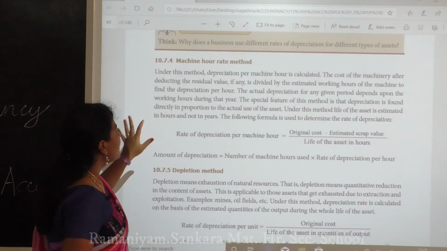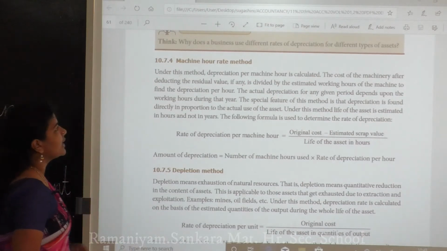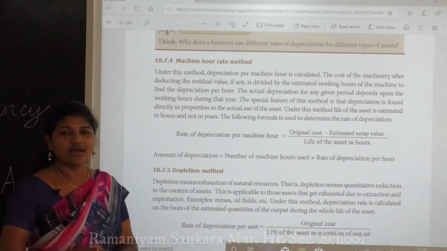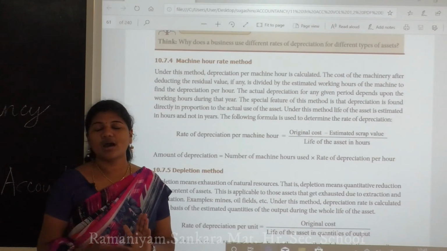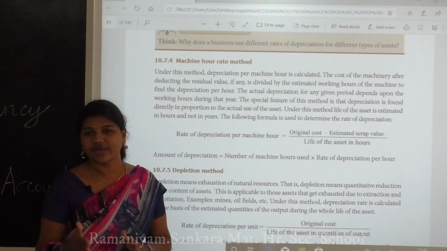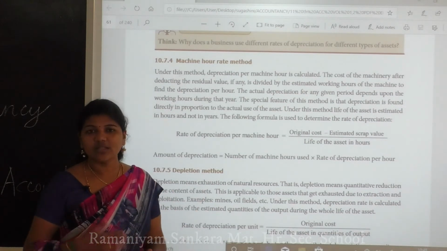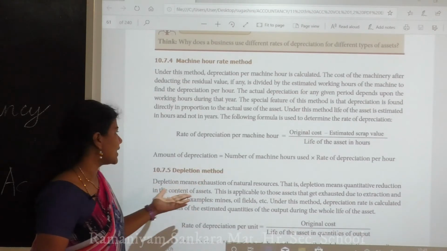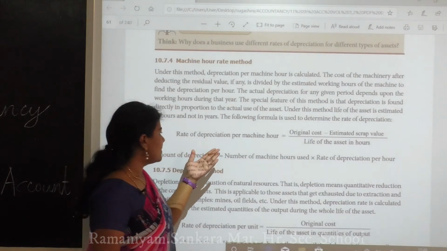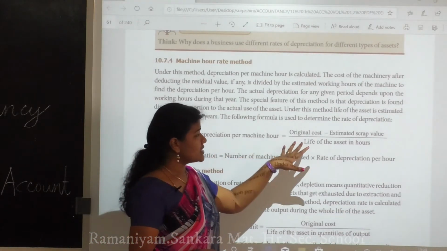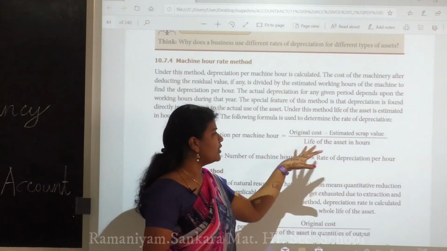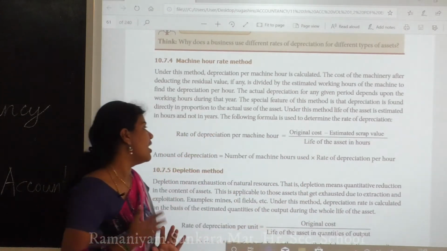Next one is the machine hour rate method. Machine hour rate method means how many hours the machine is working, 8 hours or 10 hours or 12 hours, whatever it is, depending upon those running hours we have to calculate this. Rate of depreciation per machine hour is original cost minus estimated scrap value divided by life of the asset in hours.